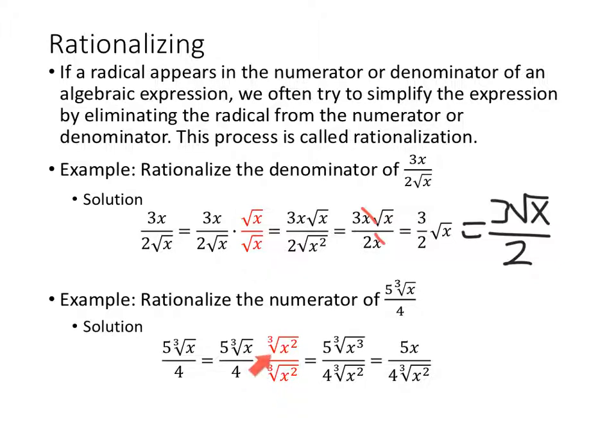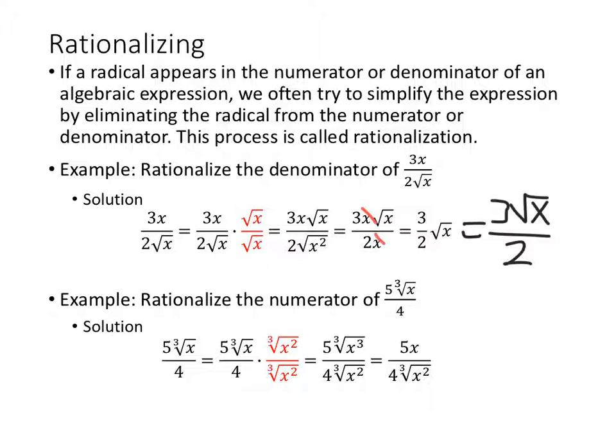When I multiply the numerator, cube roots, so I can multiply inside, so I have x times x squared gives me x cubed inside the cube root. The 5 is still there, and I write the 4 times the cube root of x squared in my denominator. Now we multiplied by the exact right thing, so that the cube root and the third power, opposite operations, give us the identity, so that gives us our x value. 5x over 4 cube root of x squared is the rationalized version of our original expression.